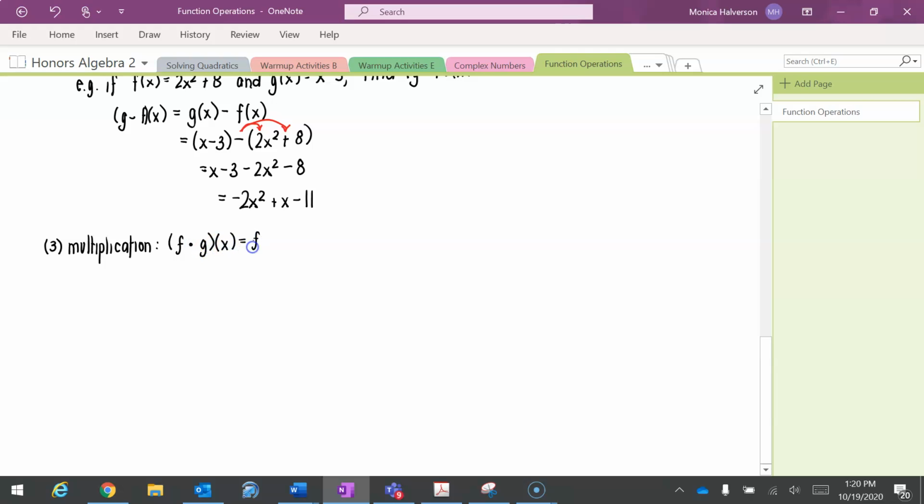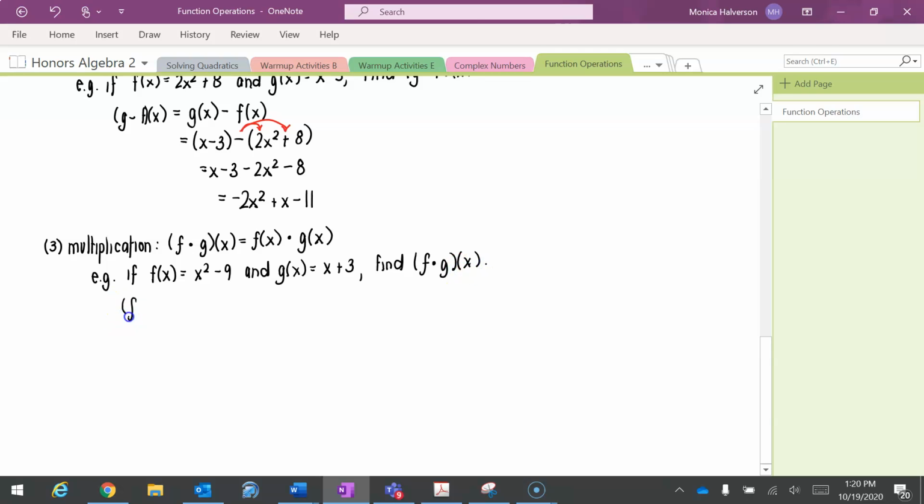And all that means is that you're multiplying the two functions together, f of x times g of x. So, for example, if f of x equals x squared minus 9 and g of x equals x plus 3, find f times g of x.